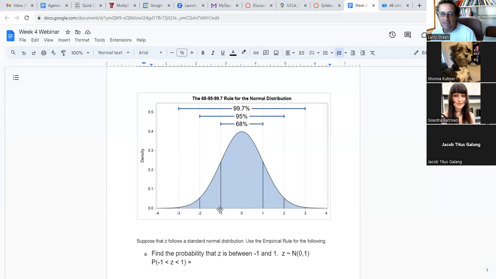Of these three, 68, 95, and 99.7, let's see if you can guess which is most important. It's just a total guess, by the way, unless you've had statistics. What's your guess? Okay, I see you guessing 68, but you guessed wrong. 95% is the most important. Usually the reason is that people are okay with making a mistake or getting something wrong 5% of the time.